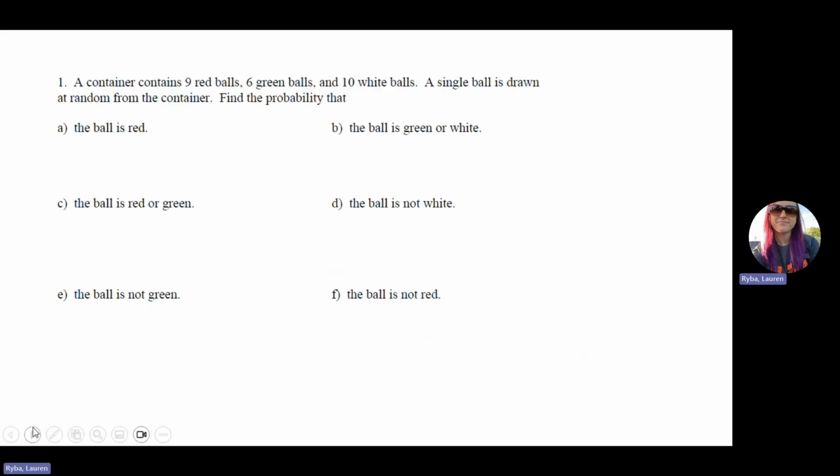We are going to look at different scenarios and answer a bunch of probability questions. So go ahead and write our scenario down. We have a container that has 9 red balls, 6 green balls, and 10 white balls. What we are going to be doing is drawing a single ball from the container at random.